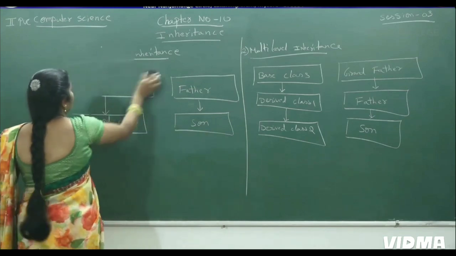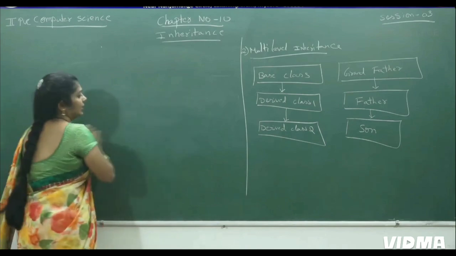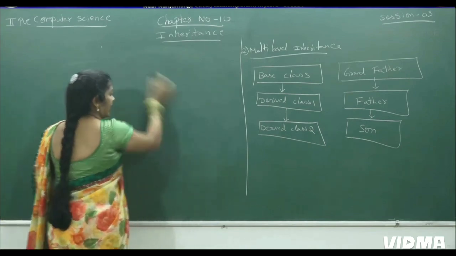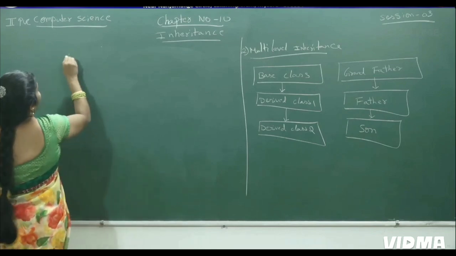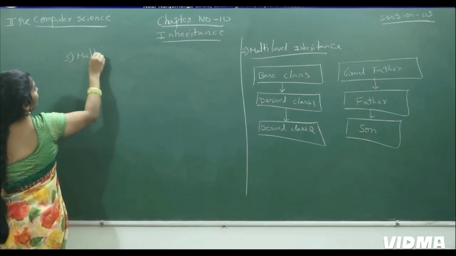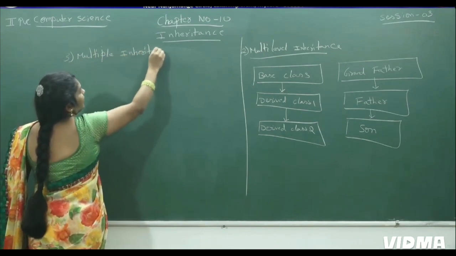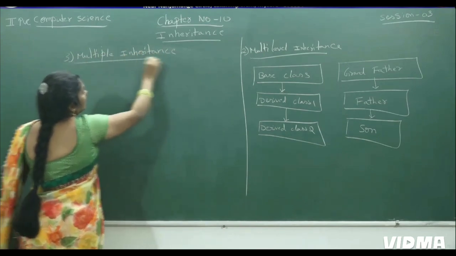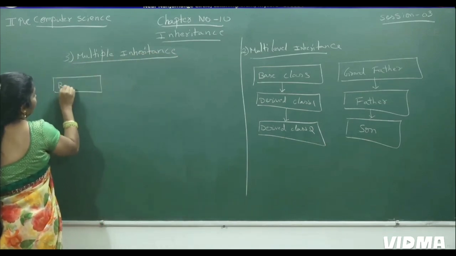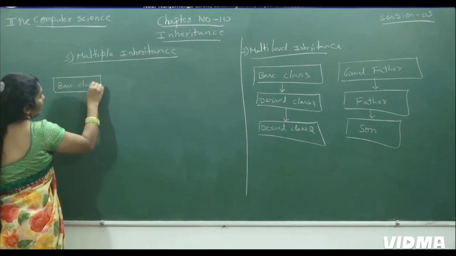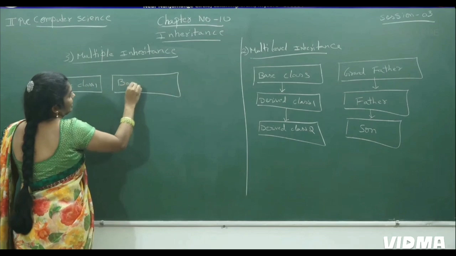Next one, multiple inheritance. What do you mean by multiple inheritance? Already we explained the types: single level, multi-level, multiple. See the example: base class 1 and one more base class, base class 2.